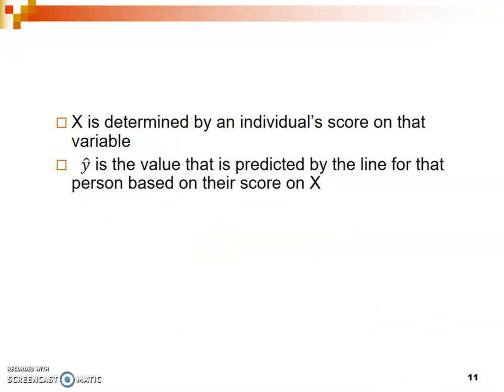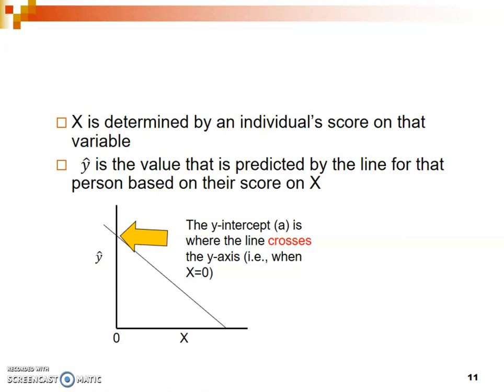That can be interpreted in a similar way to a negative correlation, in that there is a negative or inverse relationship between your variables. Here in our line, that is our y-intercept right there. Again, the y-intercept, or the value for a, is where that line crosses your y-axis, also known as when your x is 0, that's what your y is predicted to be. We're going to talk more later about how to actually identify that best fitting line.